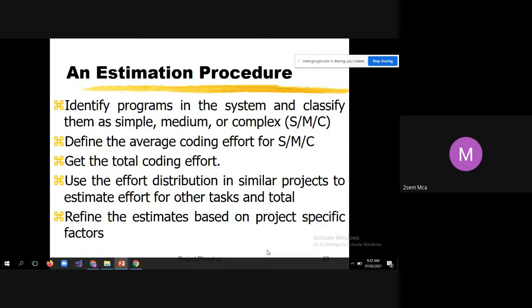This is just an average. The remaining 10 or 15% of the functionalities have to be reviewed manually, because you cannot automate certain things.